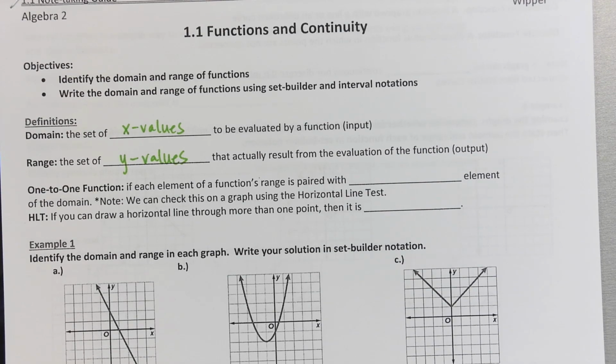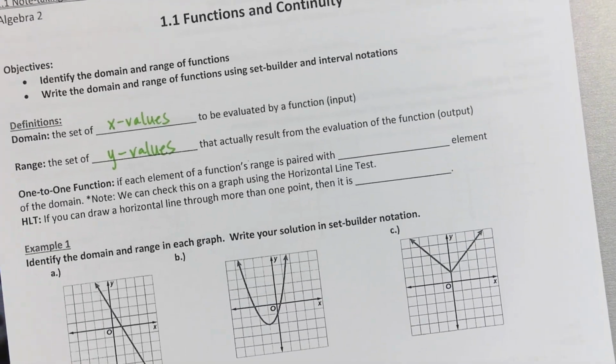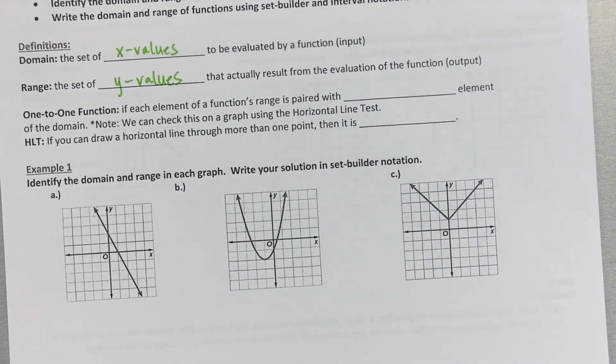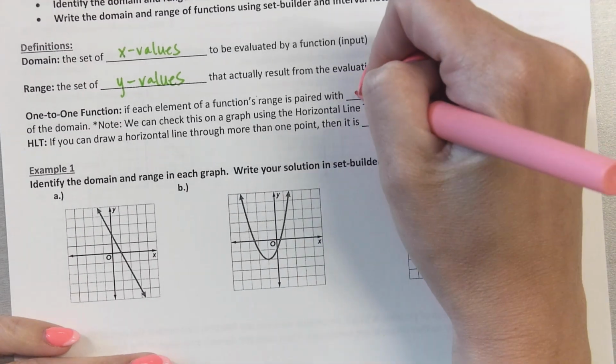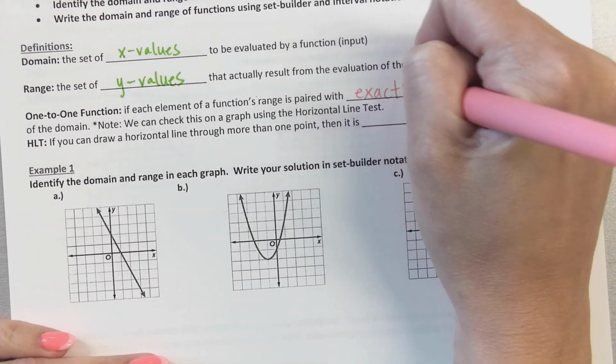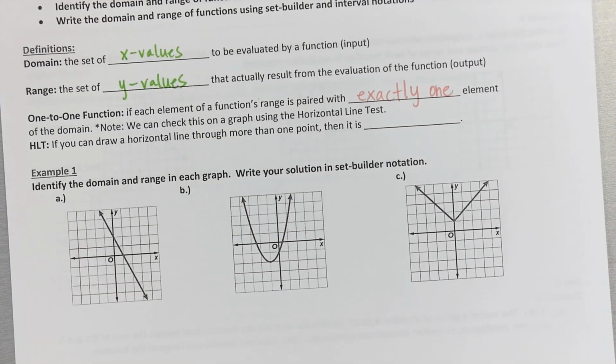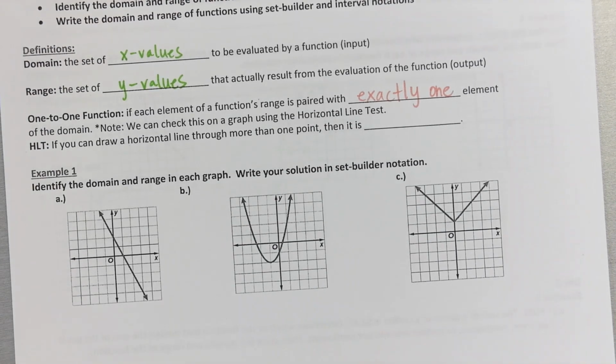So if each element in the function's range is paired with exactly one element in the domain, that is when we call something one-to-one. Okay, maybe you've heard for every input, there's exactly one output. And we can check this using something called the horizontal line test.